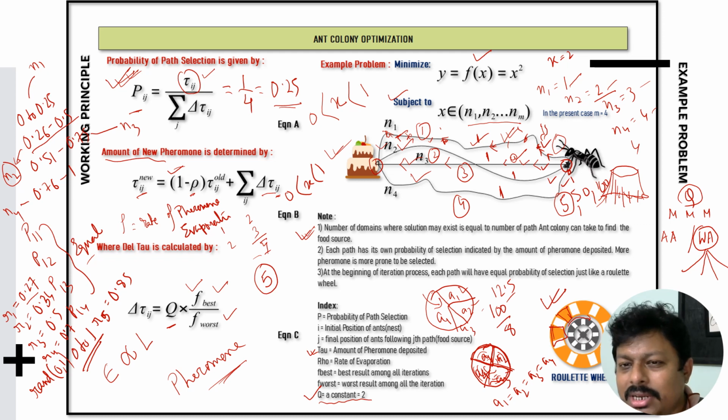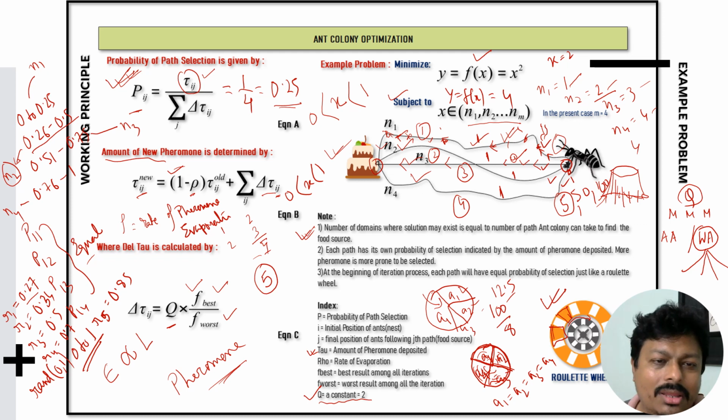And as the equation is y equals x square, y equals function of x will be 4. And then the random number 2, if you take 0.34, where is it coming? N2, 0.26 to 0.5, so N2 is again 2. So the next ant will be 4, right? 2 square is 4.